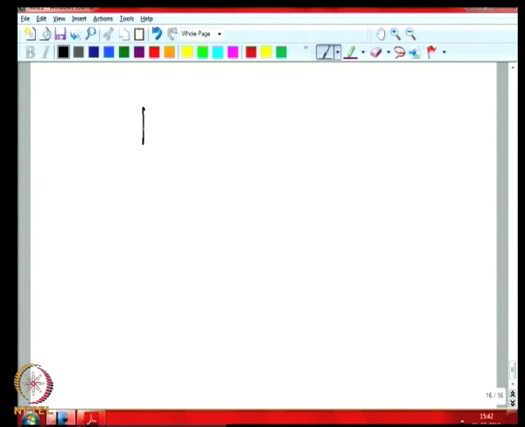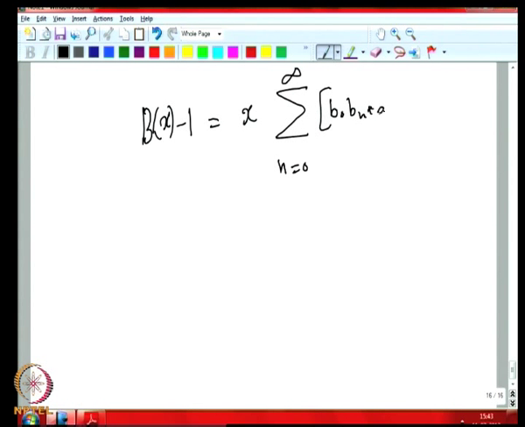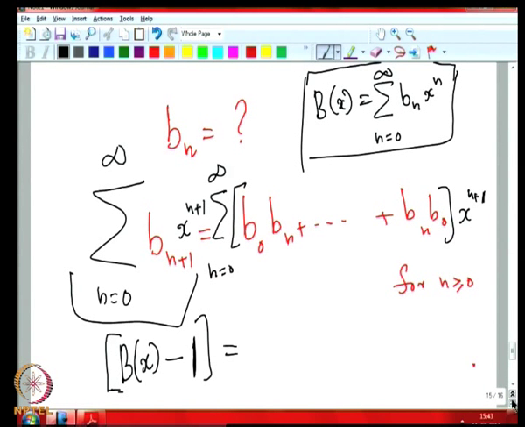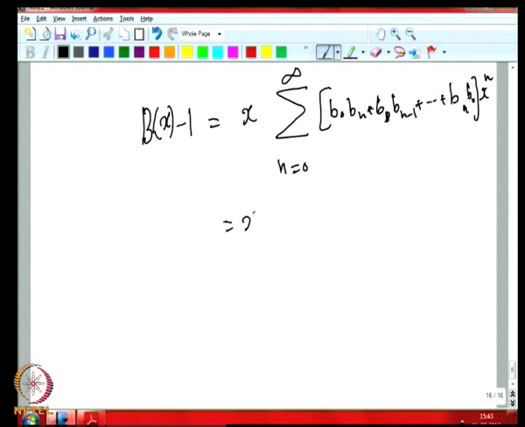So, b of x minus 1 is equal to x into sigma n equal to 0 to infinity of b0 bn plus b1 b(n minus 1) plus all the way to bn b0, into x raised to n, if you pull out x. And this is actually x into, we can claim that this is b of x square.